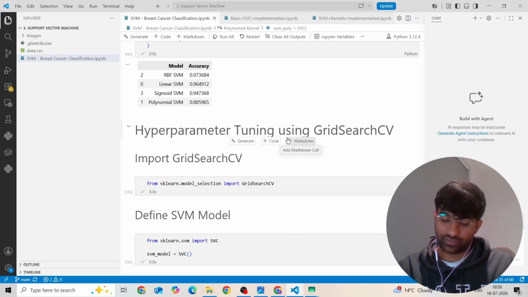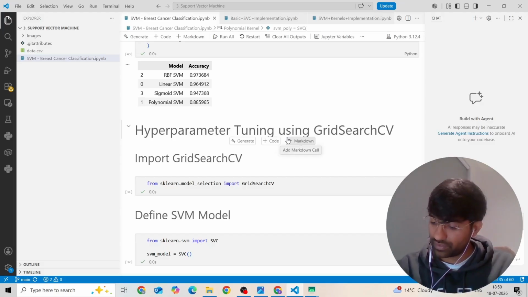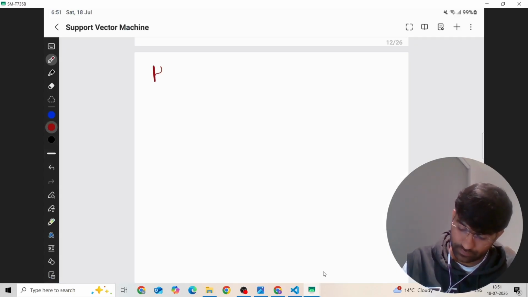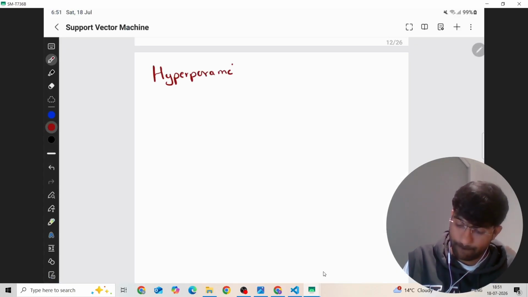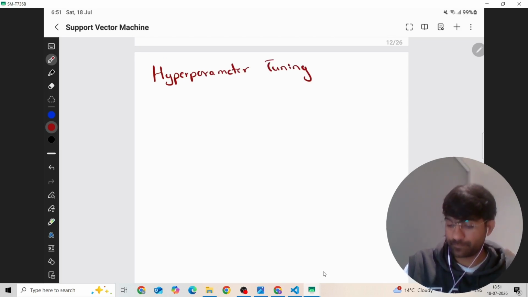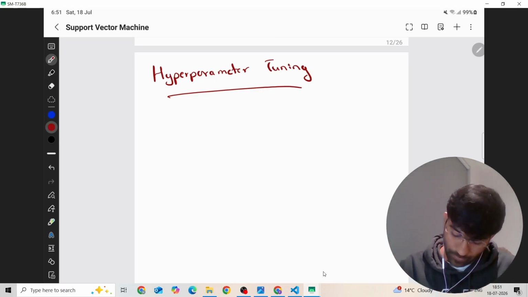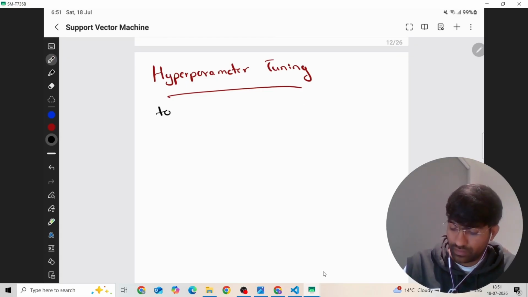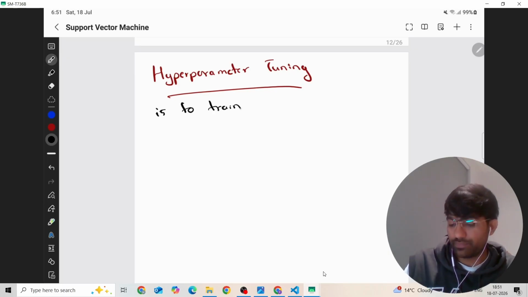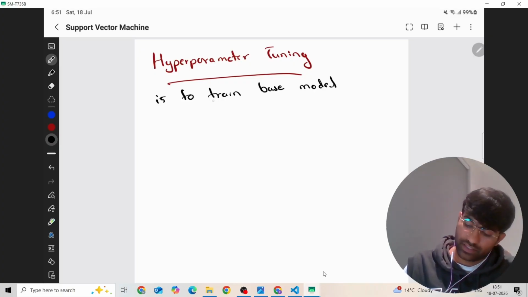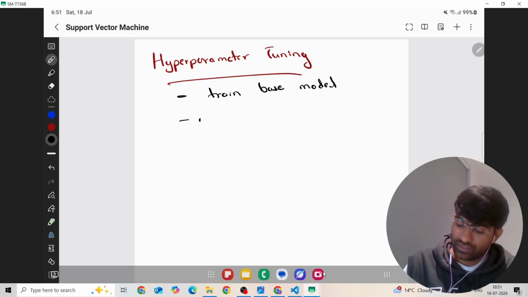What is hyperparameter tuning? Hyperparameter tuning is to train the base model with different parameters.